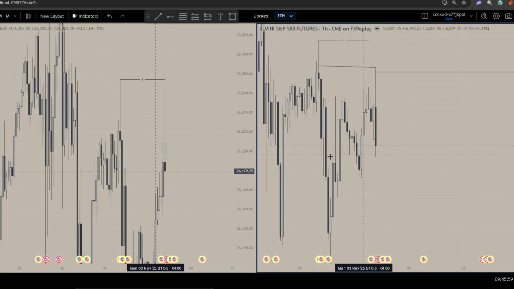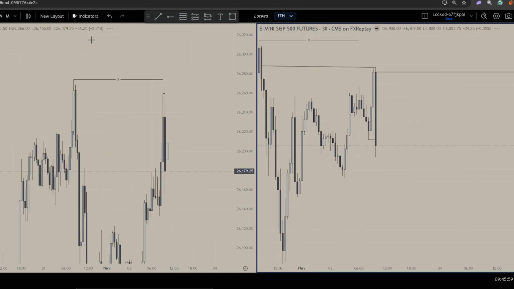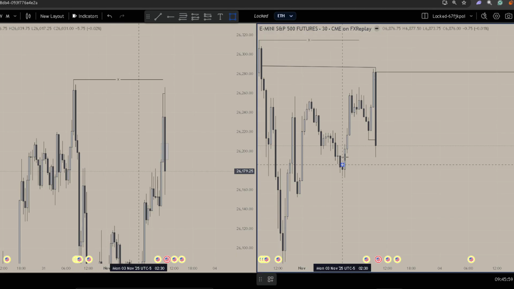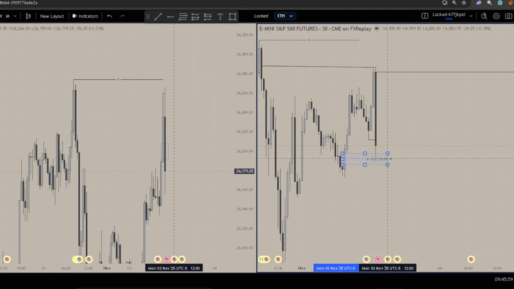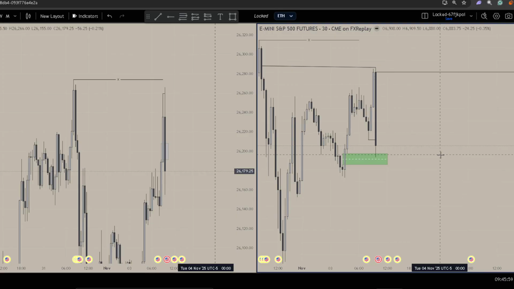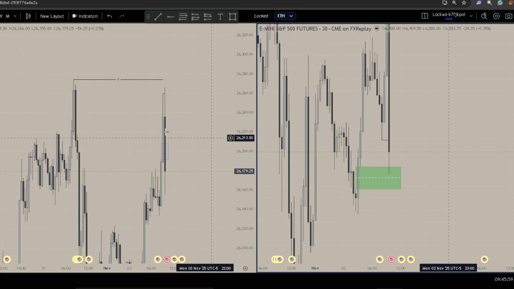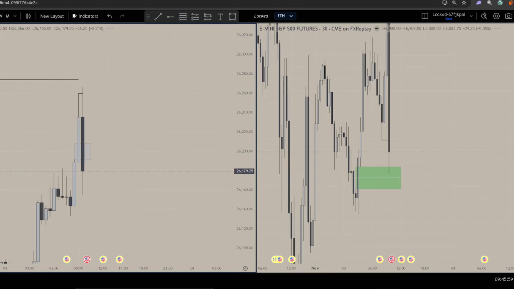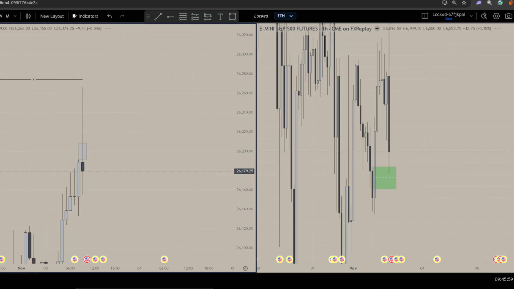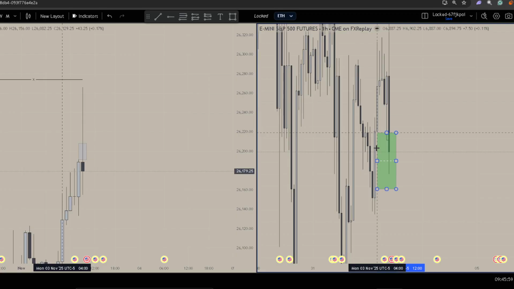Now we're trading inside of an hourly. So I'm gonna mark out this hourly BISI. That was a 30-minute, my bad. 30-minute, and this is the hourly.